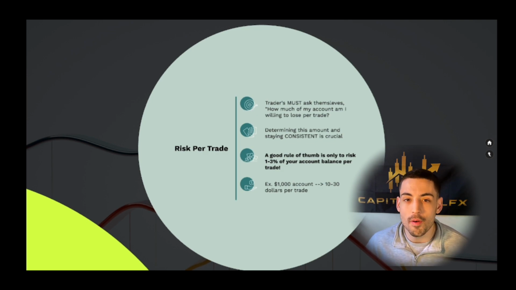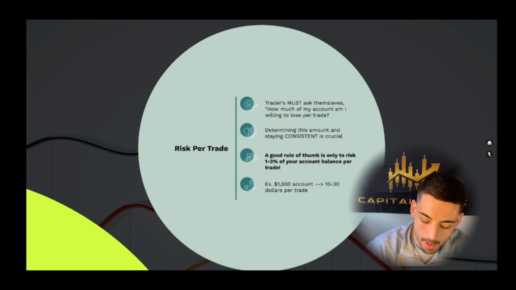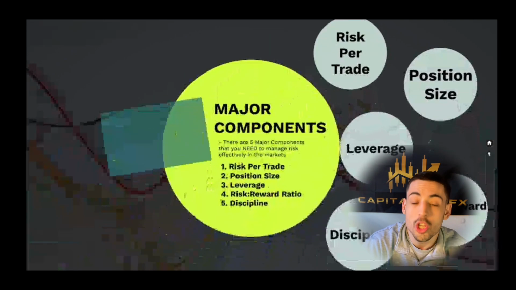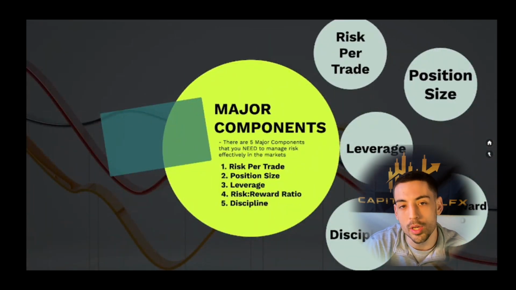So that's why once you have a profitable system, you should go to a prop firm, because they will provide you capital to trade the markets, and they will give you $100,000, $200,000 worth of capital to trade consistently. Don't try to flip $1,000 into $10,000 and live off of that. Instead of doing that, if you have a profitable system, go to a prop firm. They'll give you a lot of capital to sustainably trade 1 to 3% of your account balance. So risk per trade is huge when having an effective risk management practice.